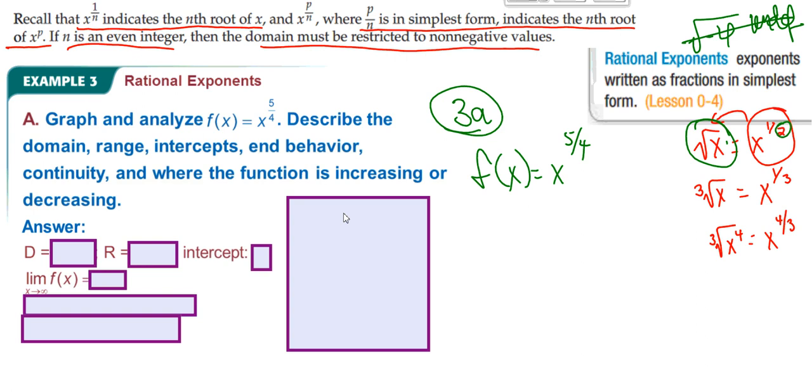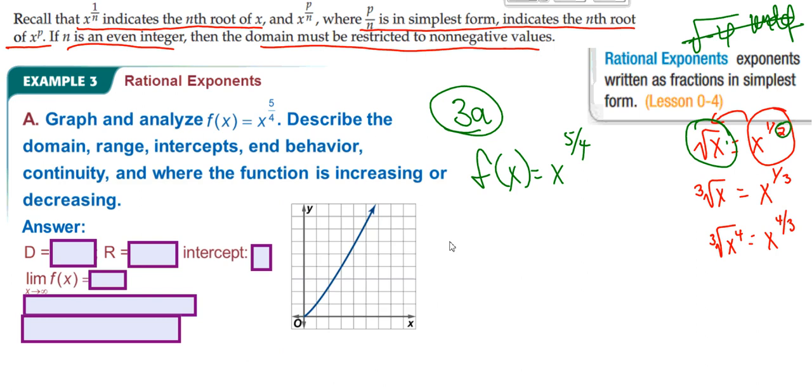Okay, moving along, our graph should look like this. Oh, just kidding. Let me go back over this one in just a second here.